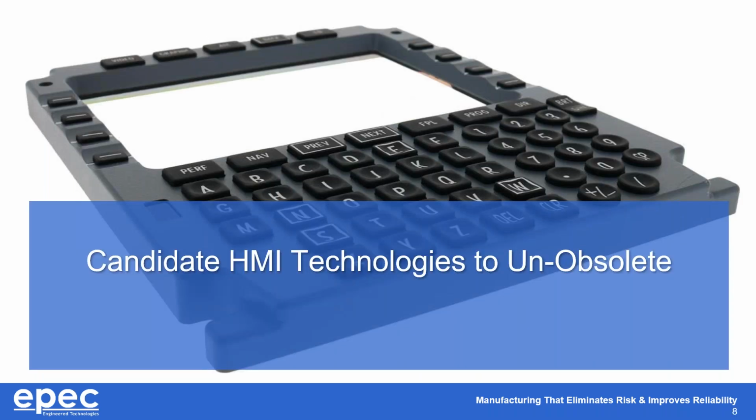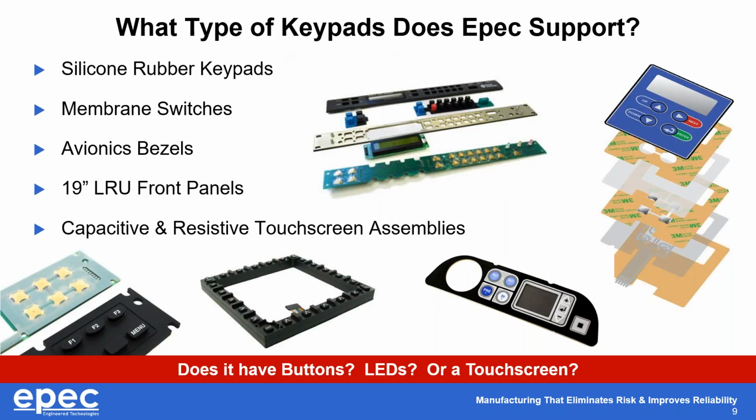So what are some of the technologies that we at Epic can help support? The general rule of thumb that we follow here is to review the given candidate technology and determine, does it have buttons? Is there an LCD display? Are there LEDs or maybe a touchscreen? And if there are, the odds are we have a solution to help.